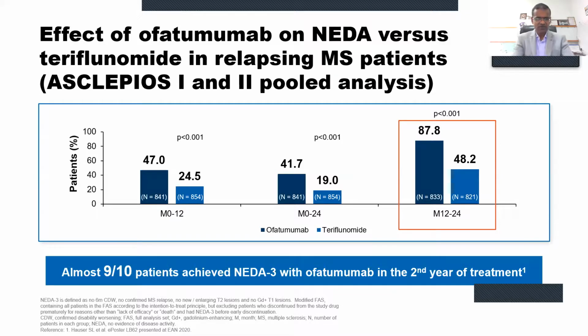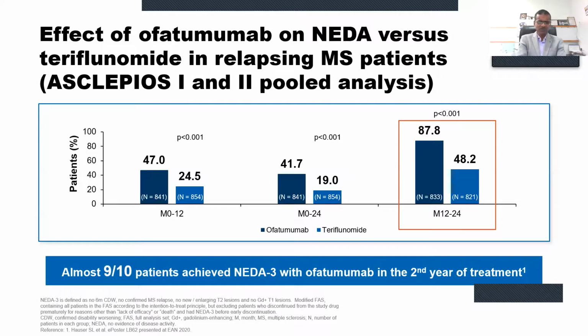And the new drug which we are talking about is ofatumumab. It has been compared to teriflunomide, which is the oral therapy. And in this, clearly you can see at month 0 to 12, it is 47% with ofatumumab, 25 with teriflunomide. And also 0 to 24, 2 years, 41 versus 19. And if you combine from 12 to 24, again 88% with ofatumumab.